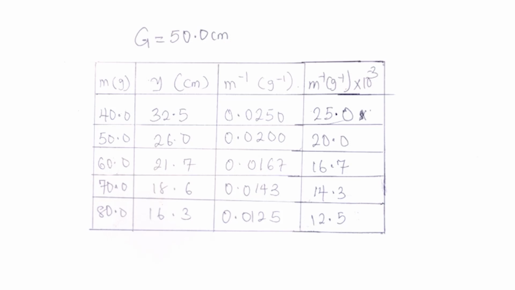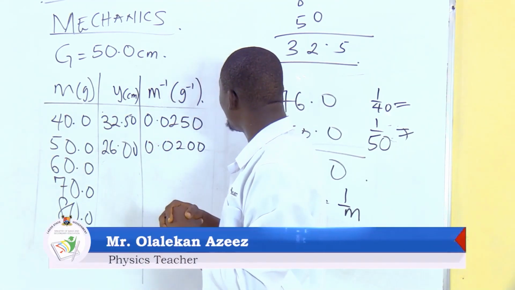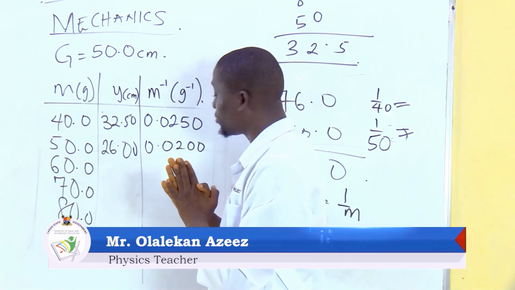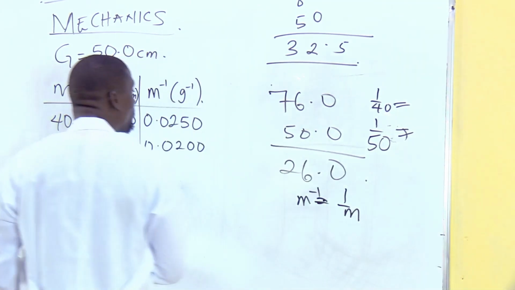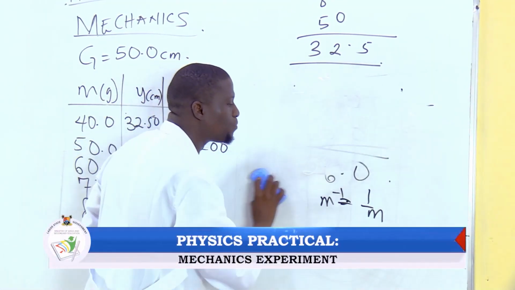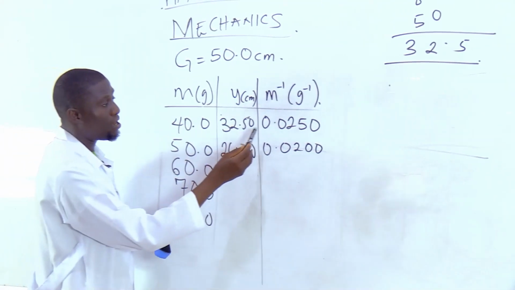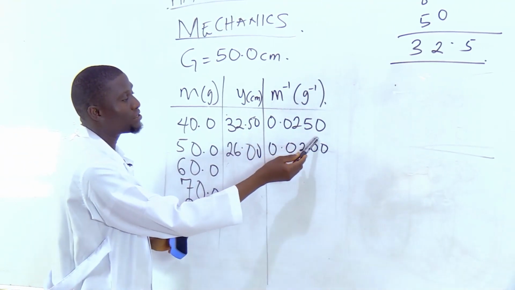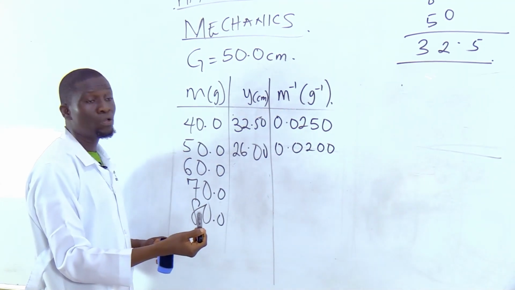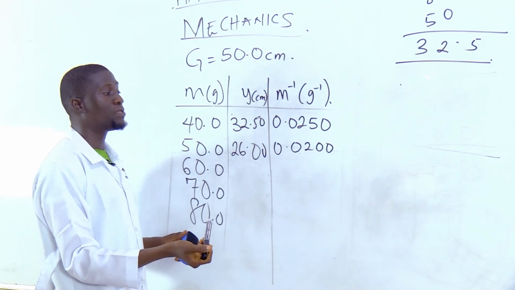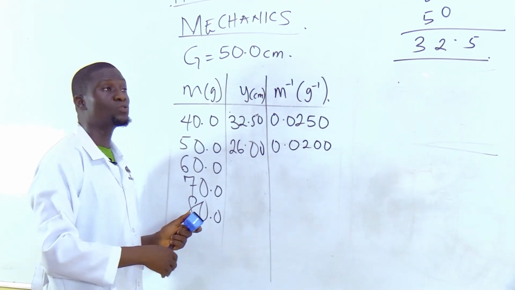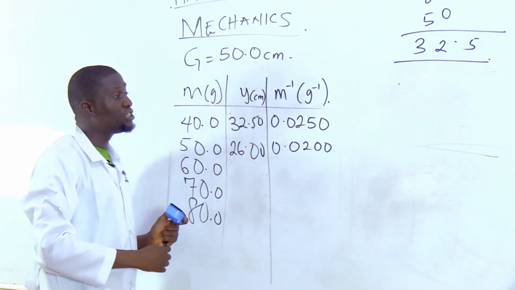Now the next thing we are going to do is to plot the graph. But before we go to the graph, we have to look at the arrangement of the numbers. If you see 0.0250, this might be a bit difficult for us to take to the graph. So the first thing we are going to do is to put it in standard form. How do we put it in standard form? I can decide to take this to 2 decimal places or 3 decimal places, but I would prefer 3 decimal places so that I can have an easy reading on the graph.